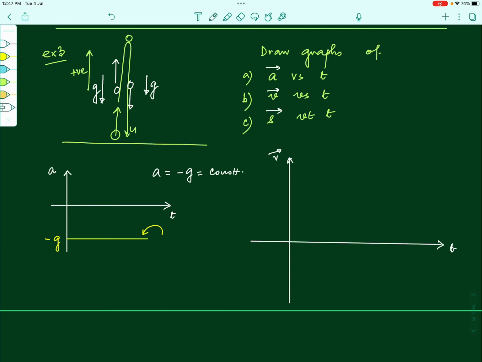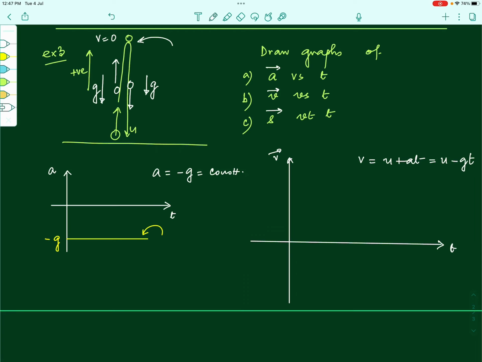For the velocity, see which equation will work, v versus t, the first equation of motion, v is equal to u plus a t, which in this case will be u minus g t, right? We know that as the ball moves up, its velocity continuously decreases till it reaches the highest point where its velocity becomes 0 for a moment, right?